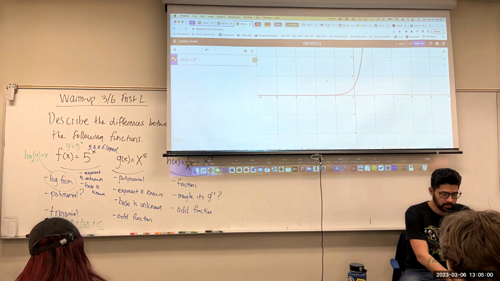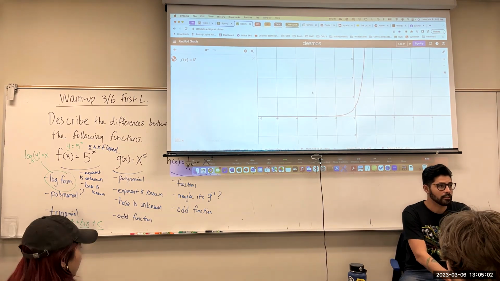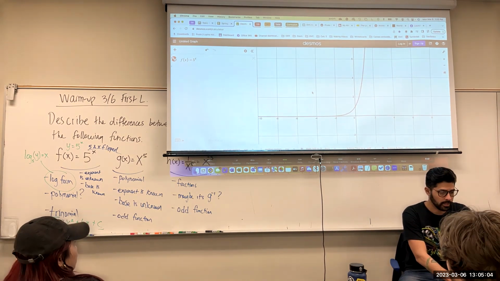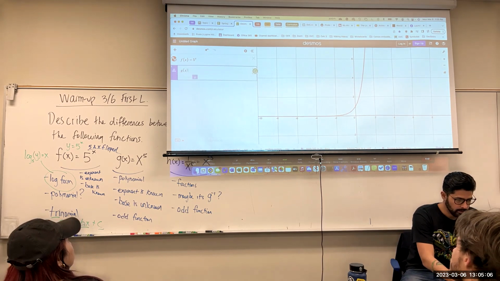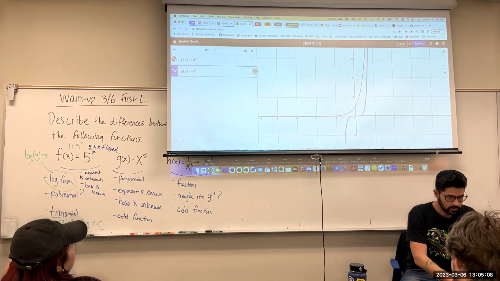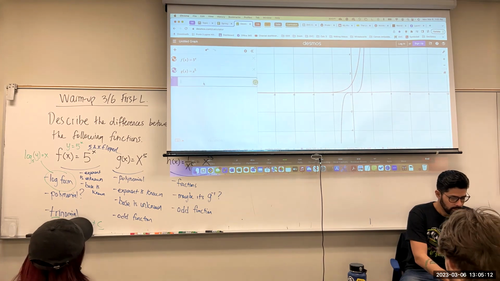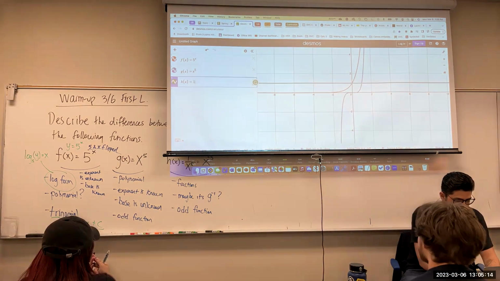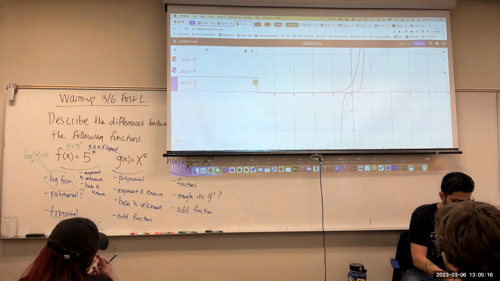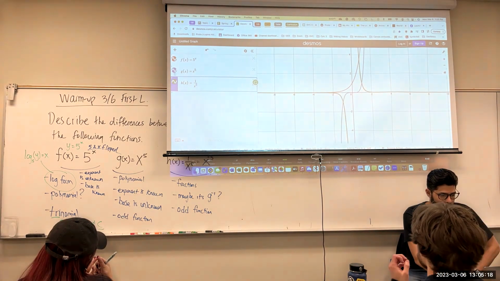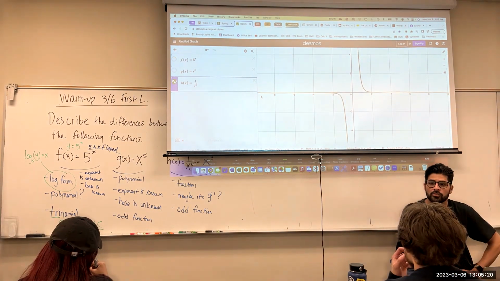That one is an exponential function. Then there was g of x, which is x to the 5th. That one has that curvy S. And then h of x was 1 over x to the 5th. And that one looks like 2 graphs, but it's really 1.